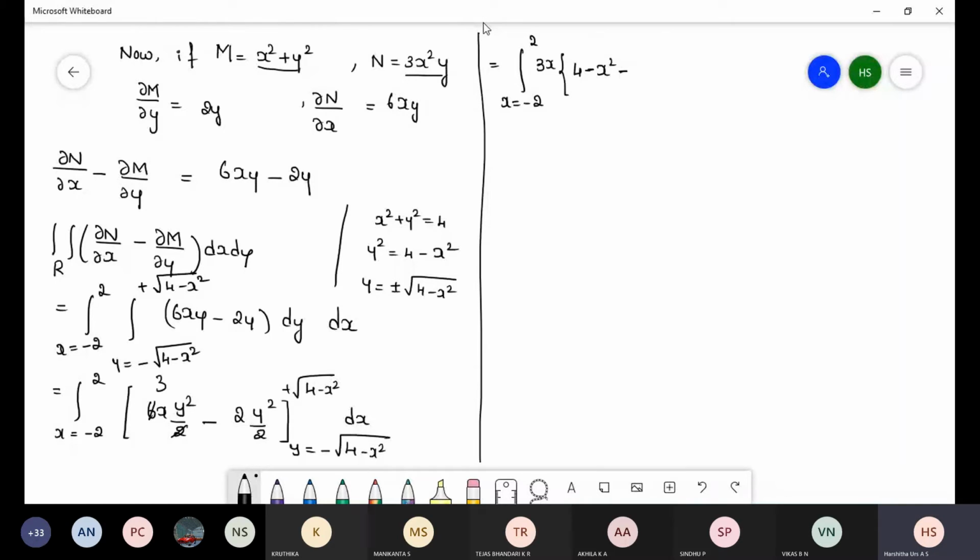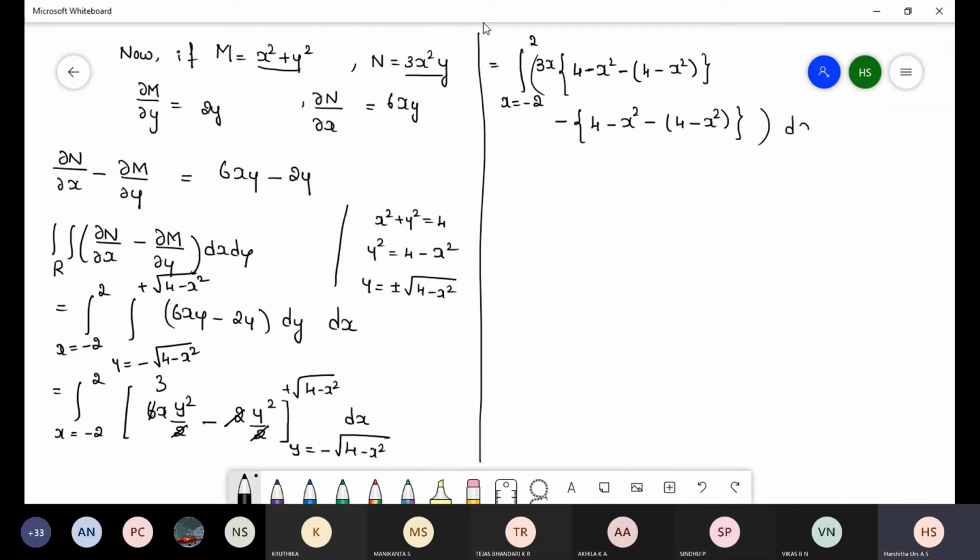Again root of 4 minus x square whole square remains 4 minus x square. This is the first term. Minus 2 will get cancelled. Again whole square means 4 minus x square minus root of 4 minus x square, which is 4 minus x square because square and square root get cancelled, into dx.